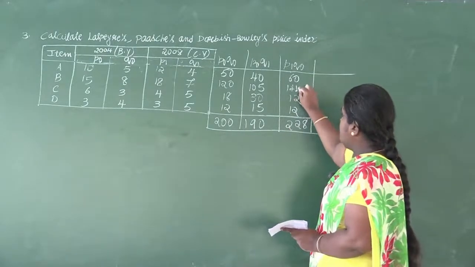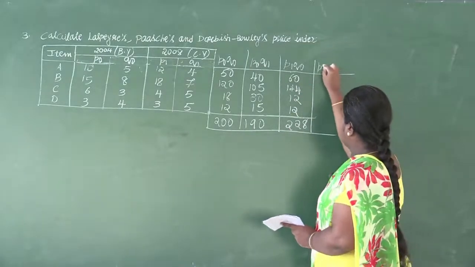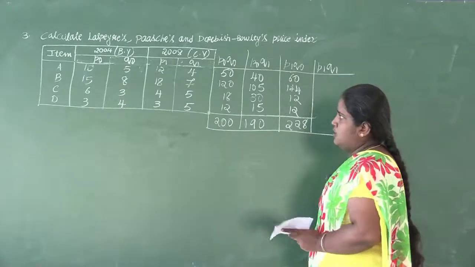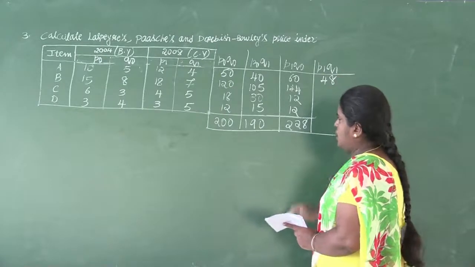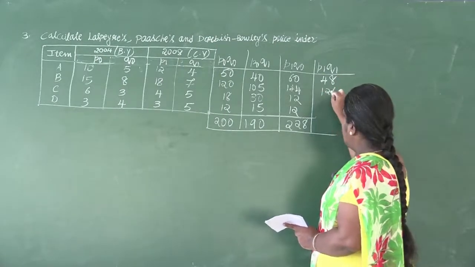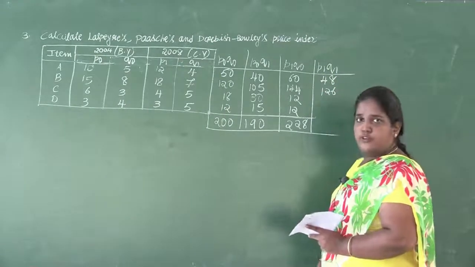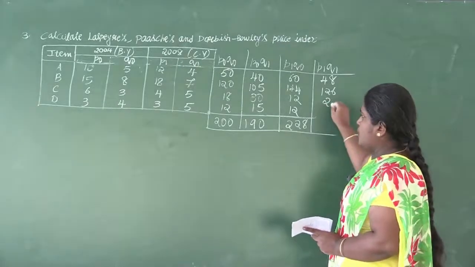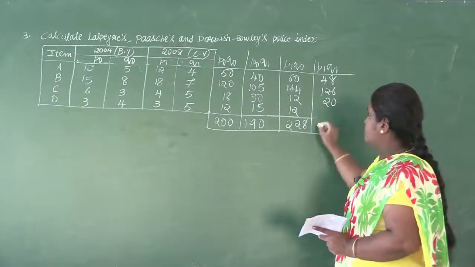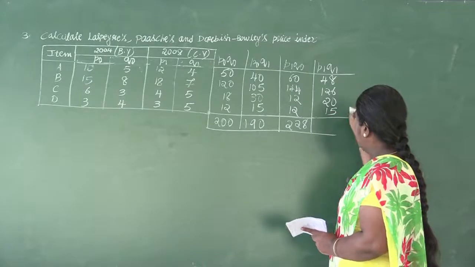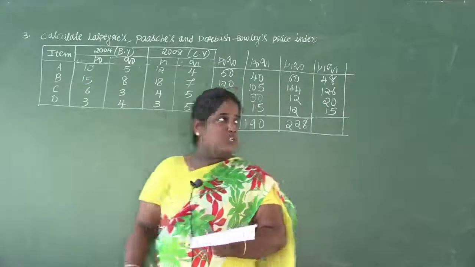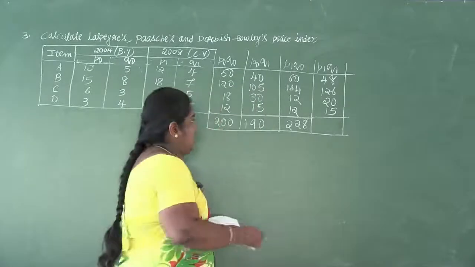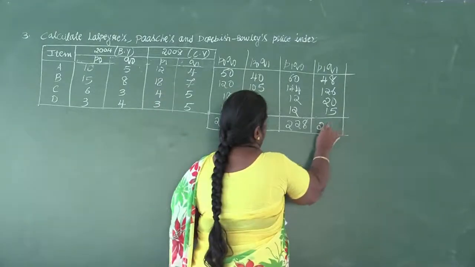Then multiply P1 and Q1, 12 into 4, 48, 18 into 7, 126, 4 into 5, 20, 3 into 5, 15. So we need the total of P1 Q1, 48, 126, 20 and 15. The total is 209.